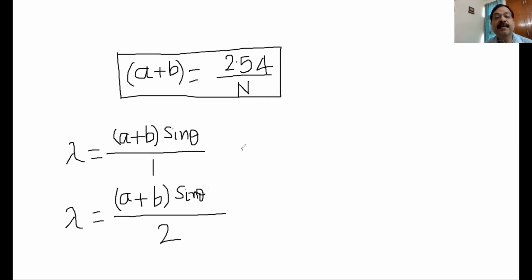This equation is for the first order spectrum, and this formula is for the second order spectrum.